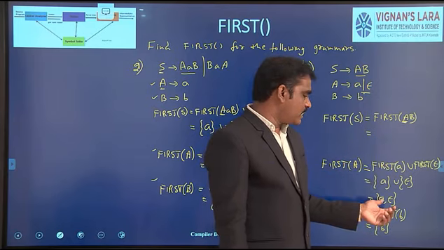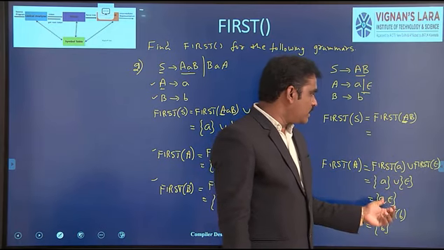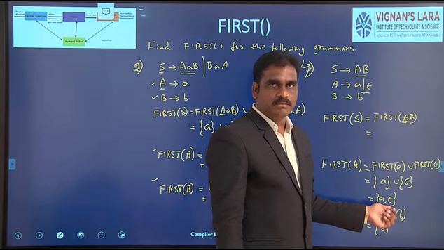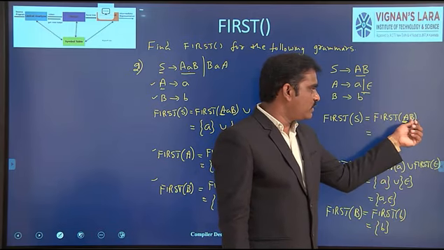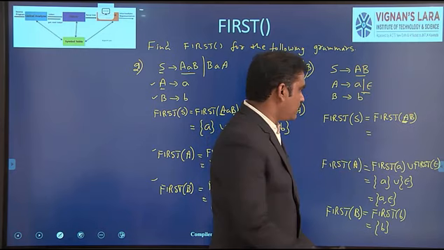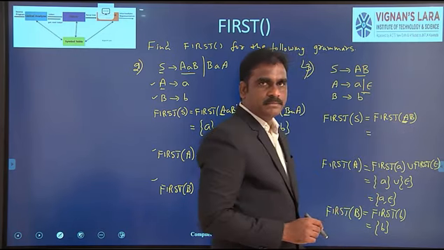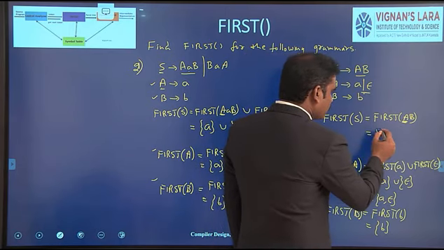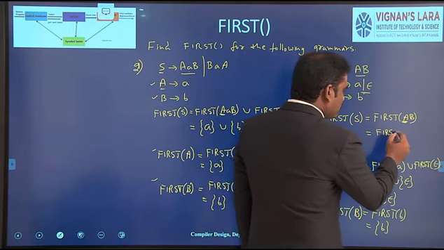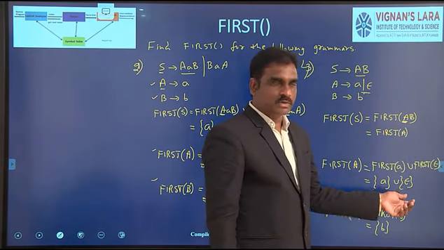But in this case, these two are consecutive non-terminal symbols and the first of A contains the epsilon symbol. So automatically we have to add the second symbol also. What is first of A? It contains the epsilon production.